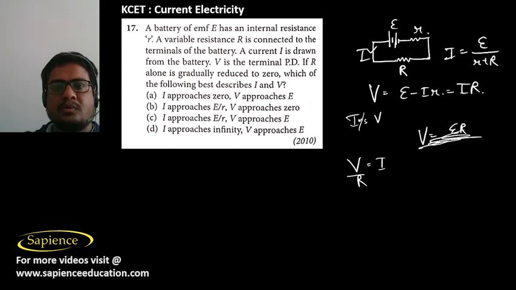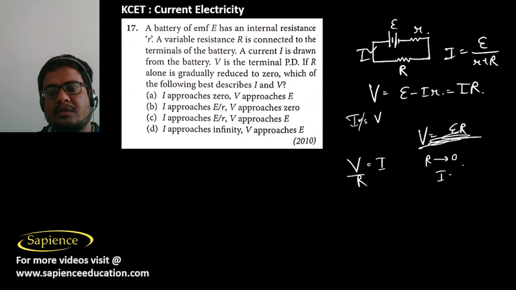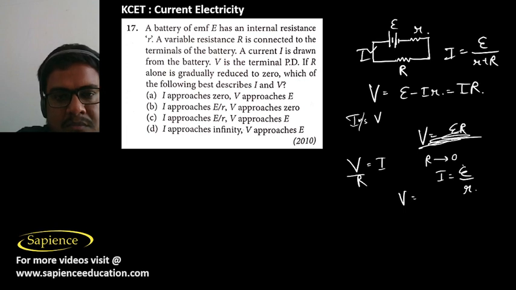So R is gradually reduced to 0. When R tends to 0, I will be equal to E by R. The terminal potential difference V will be equal to 0. I approaches 0.